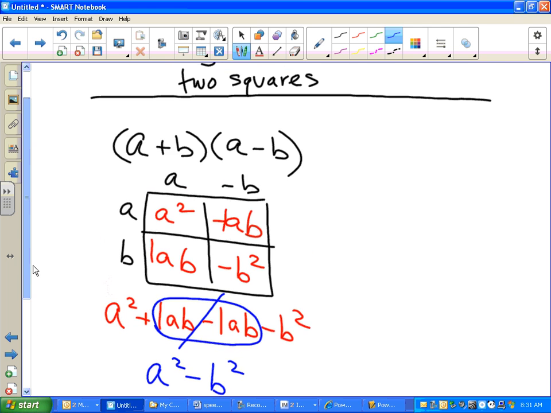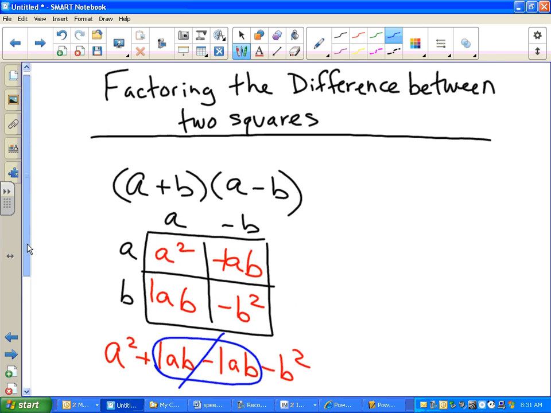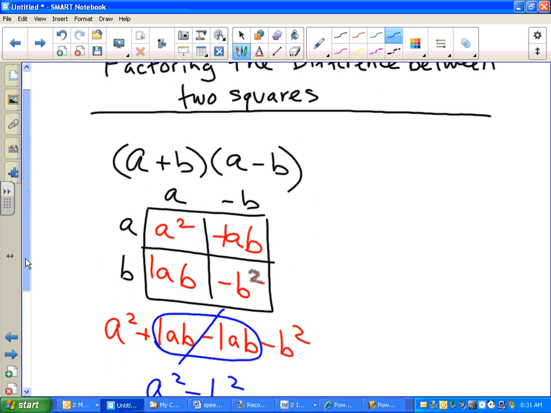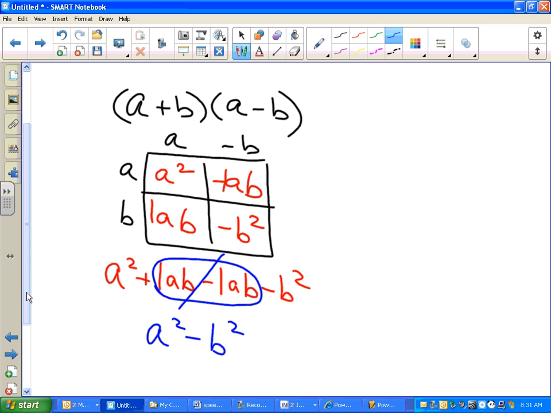Okay, so I actually end up with this binomial because the middle terms canceled or equaled 0. So this is an important relationship to understand, because if I start you with a squared minus b squared, can you go backwards to this?